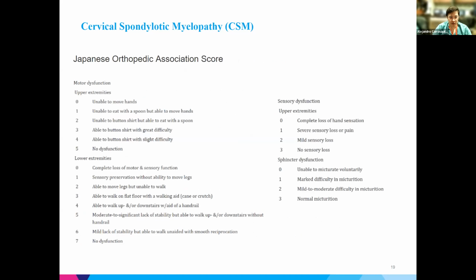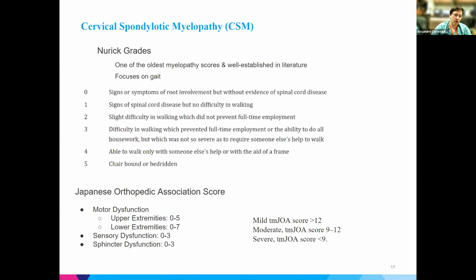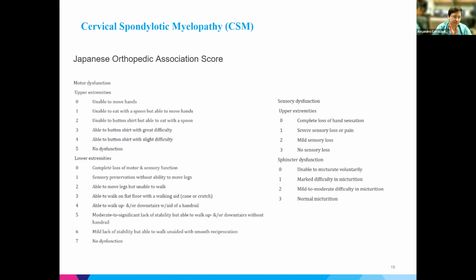Here is an overview of what it looks like, grading the upper extremity symptoms from 0 to 5, lower extremity symptoms from 0 to 7, sensory from 0 to 3, and sphincter from 0 to 3. And as noted here, higher scores mean less symptoms. So mild scores greater than 12, moderate 9 to 12, and severe can be considered less than 9.